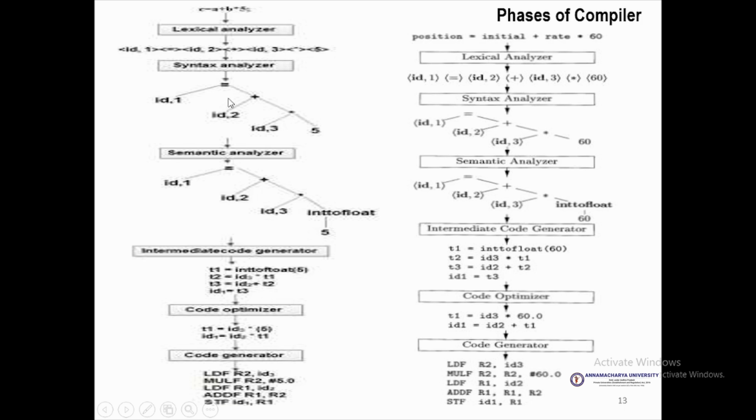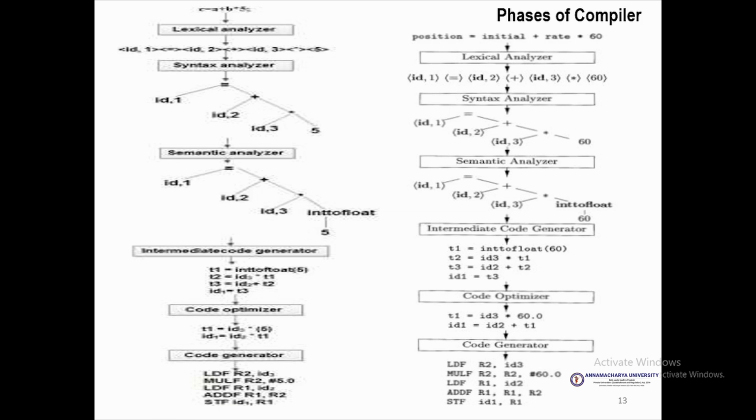The syntax analysis phase receives this as input and generates the syntax tree. So this is the syntax tree. Nodes are represented like this, leaf nodes are always operands, and interior nodes are operators. You have to understand this as the syntax analysis phase generating the syntax tree.